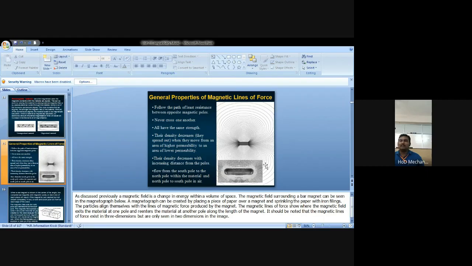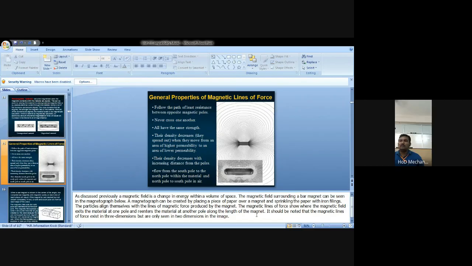See the video picture. In the magnetic field, there is no deviation in one line curve with another line curve. Each line curve has a definite shape and size. The magnetic lines of force show where the magnetic field exits the material at one pole and re-enters the material at another pole along the length of the magnet.